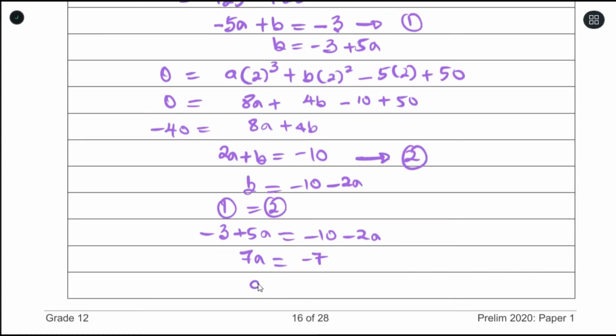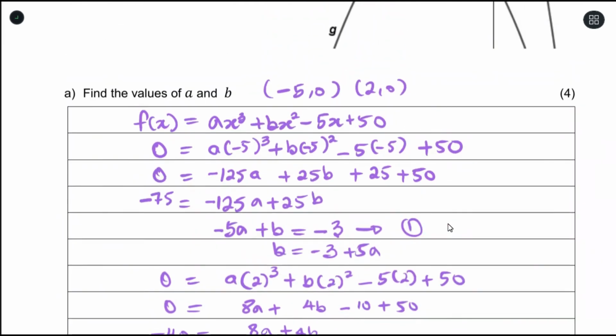As you can see, a is equal to -1. Now to get our b, we just need to substitute this into either of the two equations. Let's say I substitute into this one here. I'm going to have negative. So our b would be -8. So our two answers are -1 and -8 for our values of a and b. And that's it.